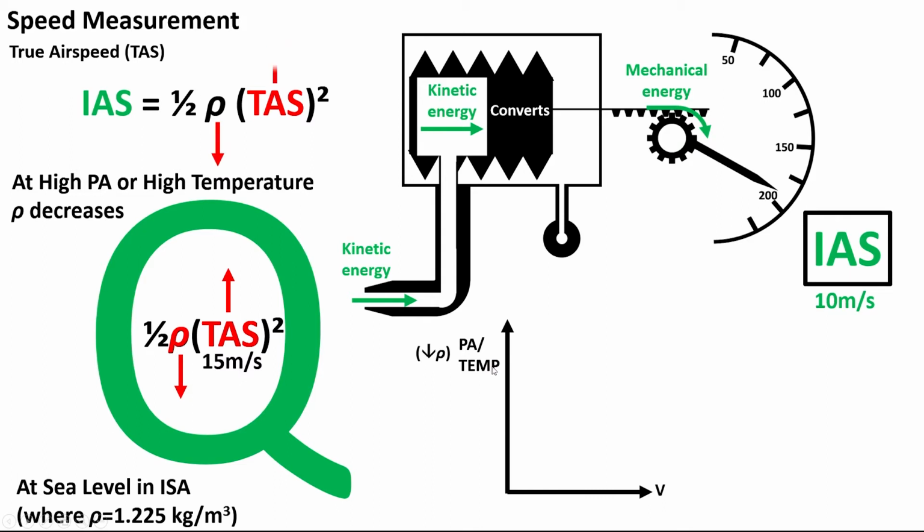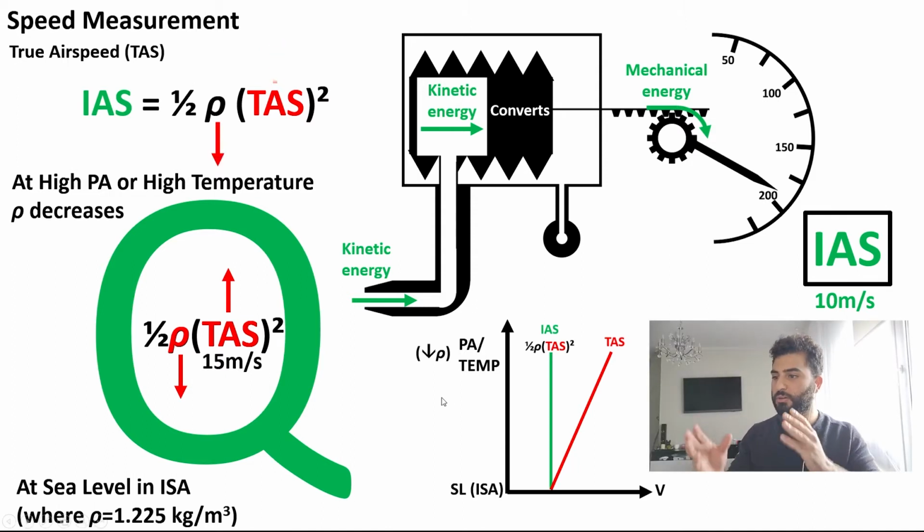A higher pressure altitude or higher temperature results in a lower density. We saw that for the conditions of the density at sea level in ISA, IAS is equal to TAS. So your indicated airspeed displays the exact value of the true airspeed. But when the density decreases, when the IAS is constant, with a lower density, TAS can only be higher.